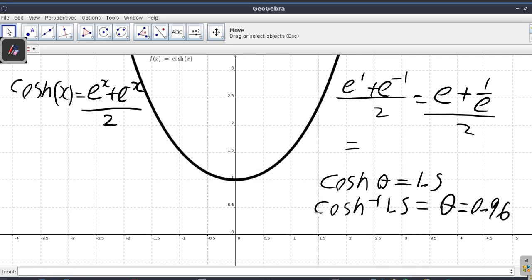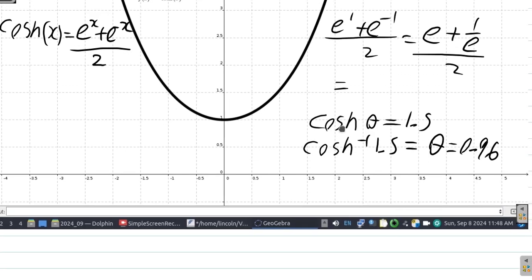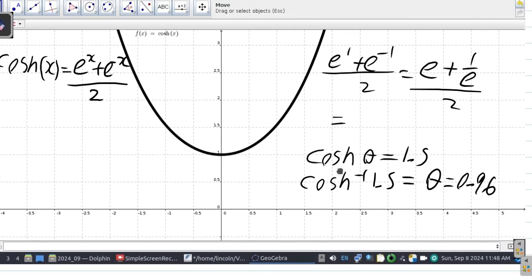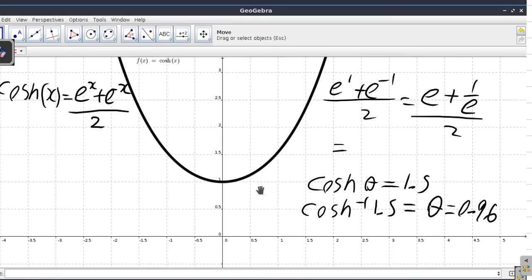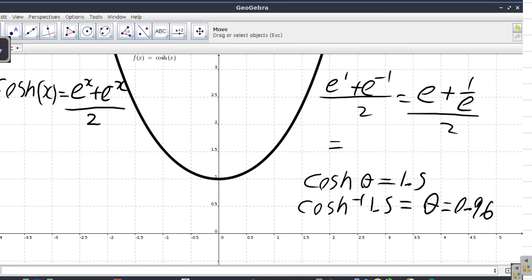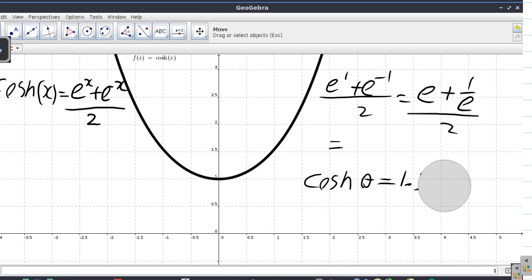Now, it would be interesting to imagine that we find the cos of an angle equal 1. What would happen? Let's see what would happen here. Suppose we consider the cos of theta equal 1.